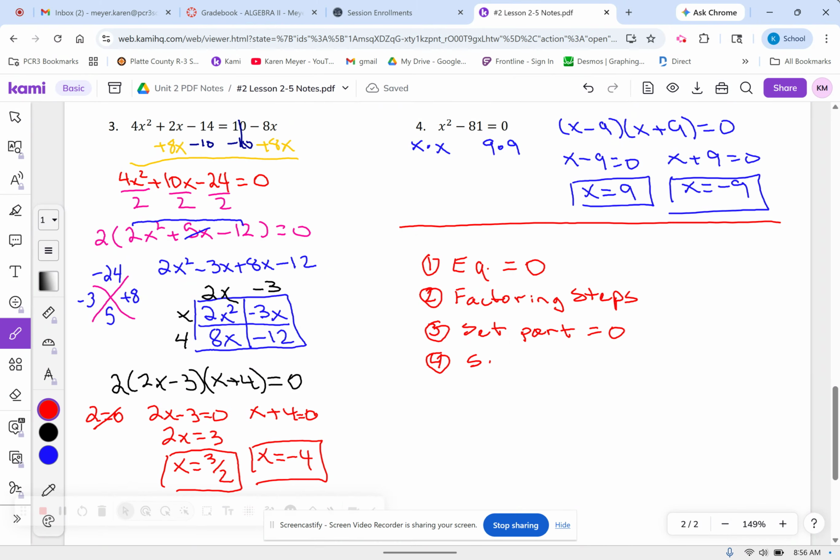And then solve for x or whatever your variable is. And then remember, all quadratics, which I'm going to abbreviate as quad, all quadratics will have 2 answers. Okay, that's a quick recap.